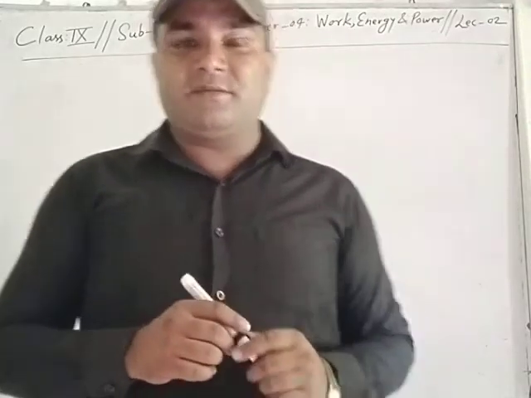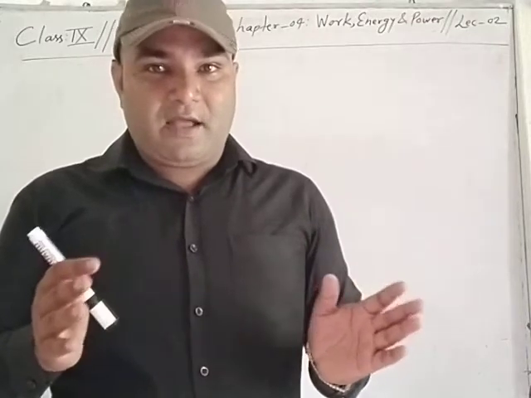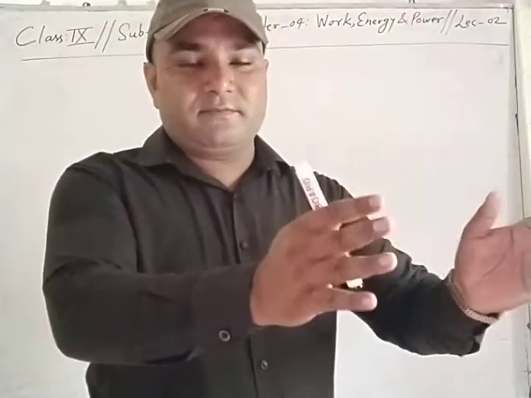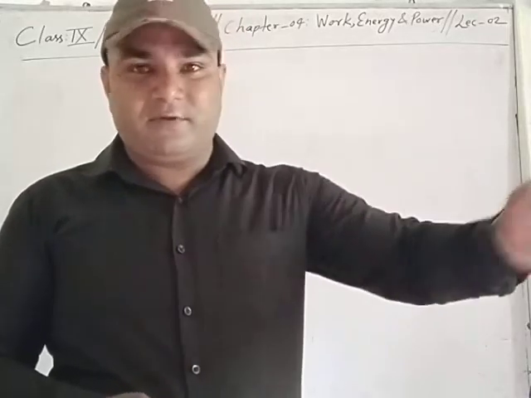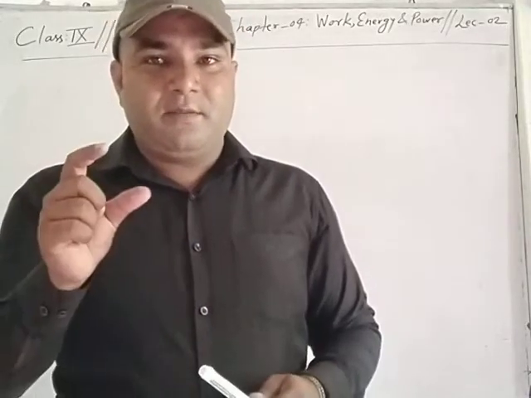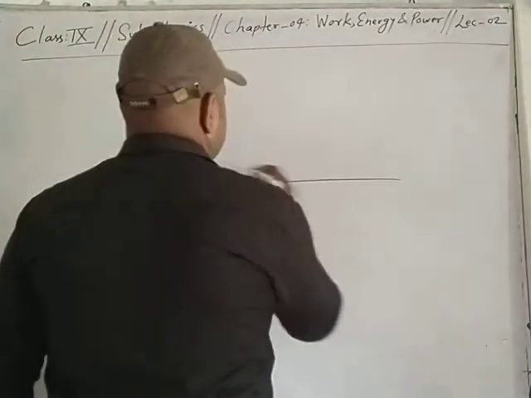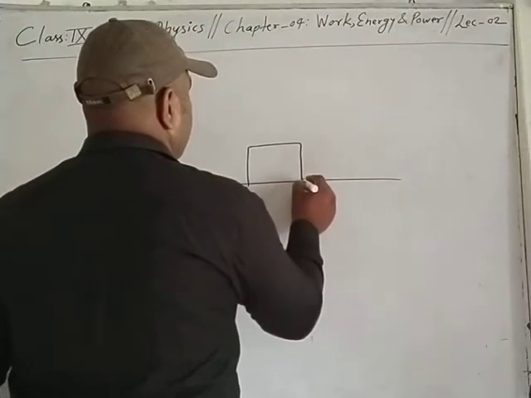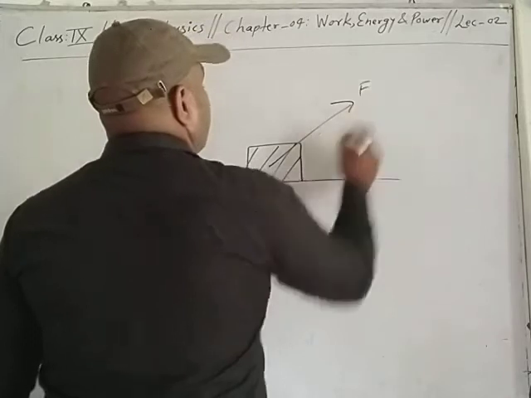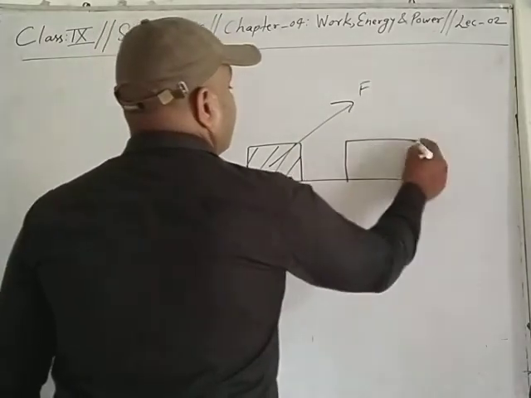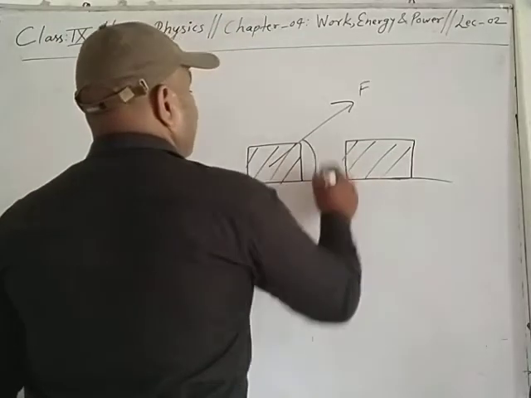So for a positive work done example, when you are pushing a box, after applying a force in the forward direction, the movement of the box is also in the forward direction. It means the angle between, you see as a simple case, here this is a box and we are applying force F and the box moves from this position to this position, but the angle here is what?